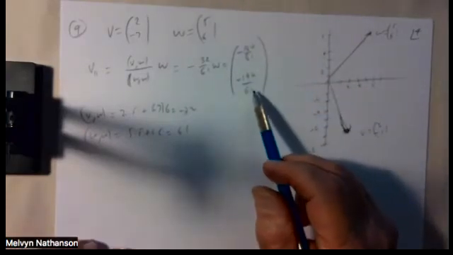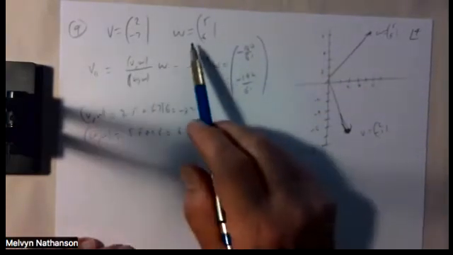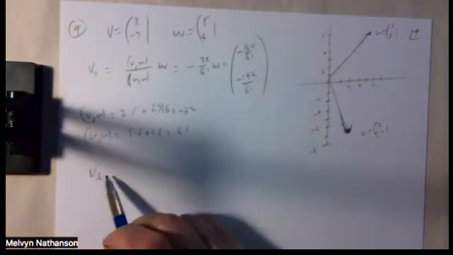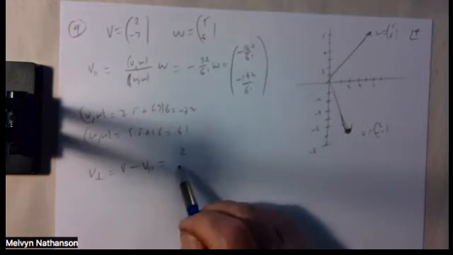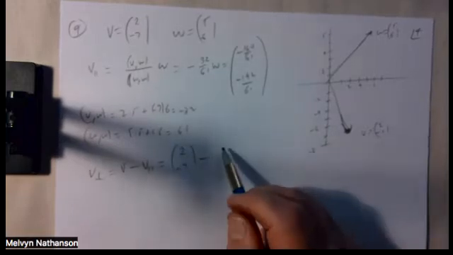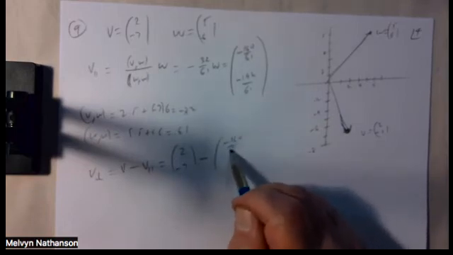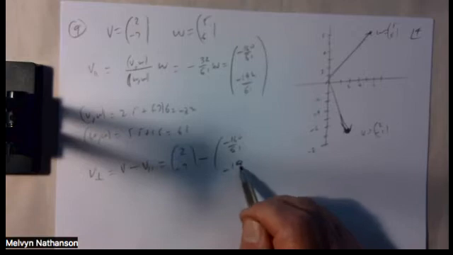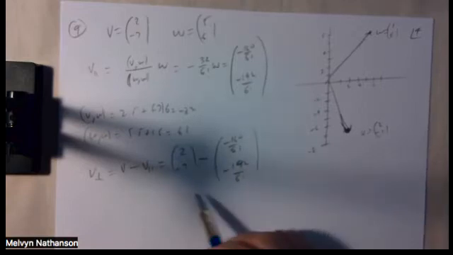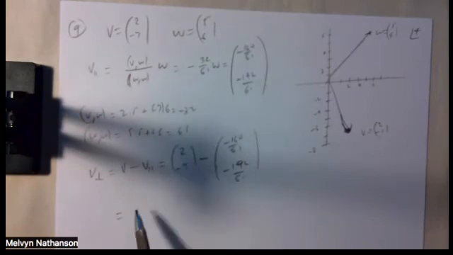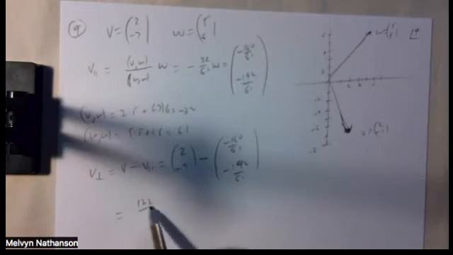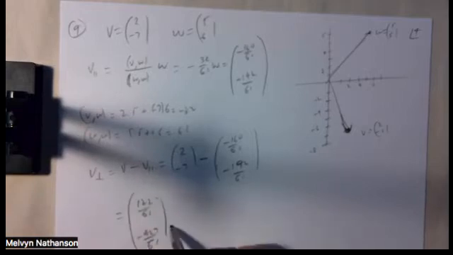So this is the parallel component of V with respect to W, and the perpendicular component is V minus this parallel component. So that's 2, minus 7, minus minus 160 over 61, minus 192 over 61. So this is equal to what? 2 is the same as 122 over 61. And minus 7 is the same as minus 427 over 61.